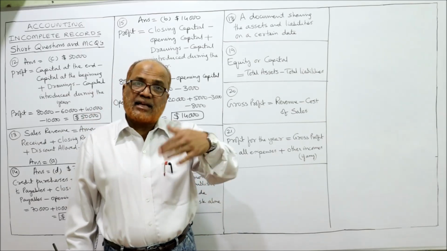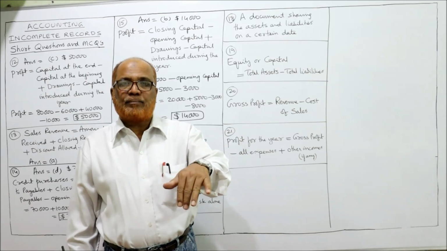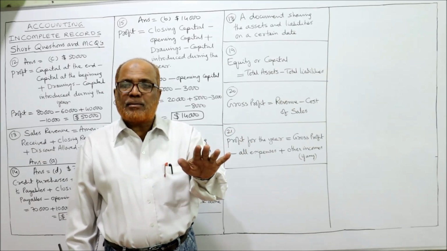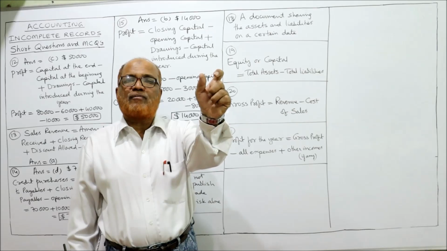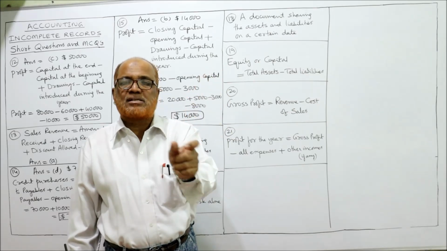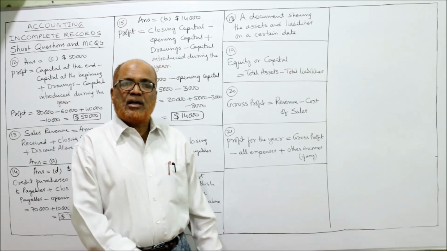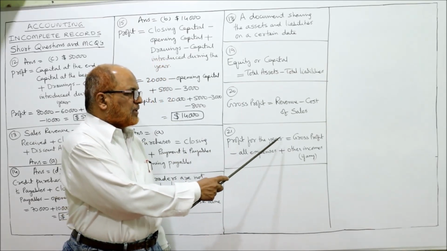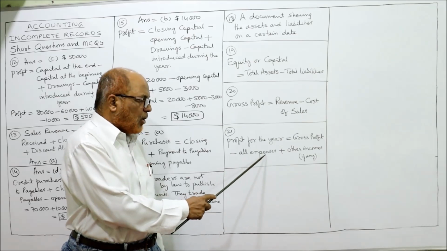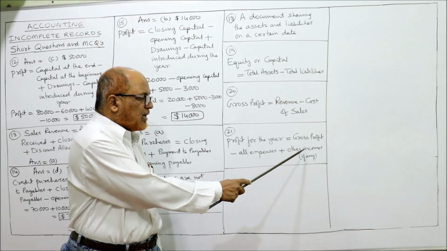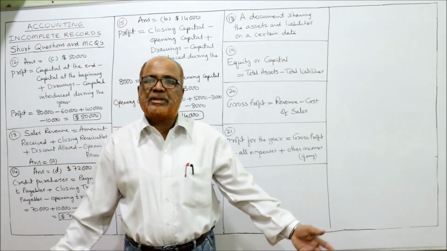If there are any other incomes, that will be added. But if there are no other incomes, simply gross profit minus expenses, we will get the profit for the year. In equation form, profit for the year is equal to gross profit minus all expenses plus other incomes if any. That's it.